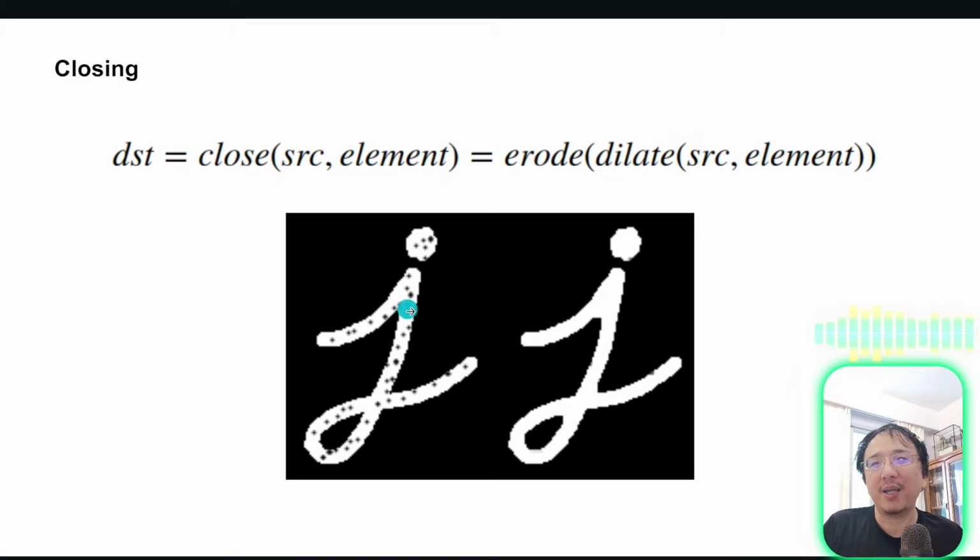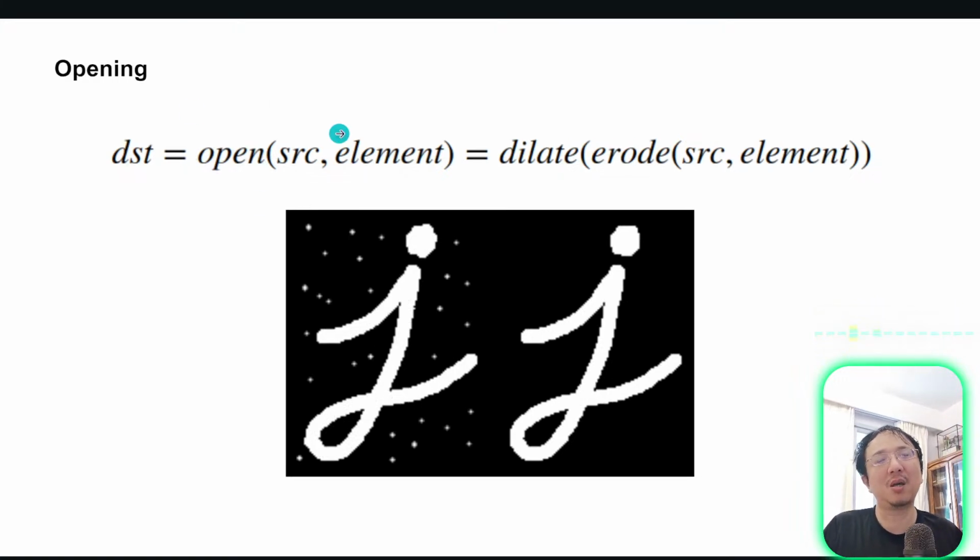Another thing is that if we have some small holes in our segmented objects, you can dilate first, then erode. The shape of the things you are interested in remains roughly the same, but the small holes will be filled. This is called the close operation, and the other is called the open operation.